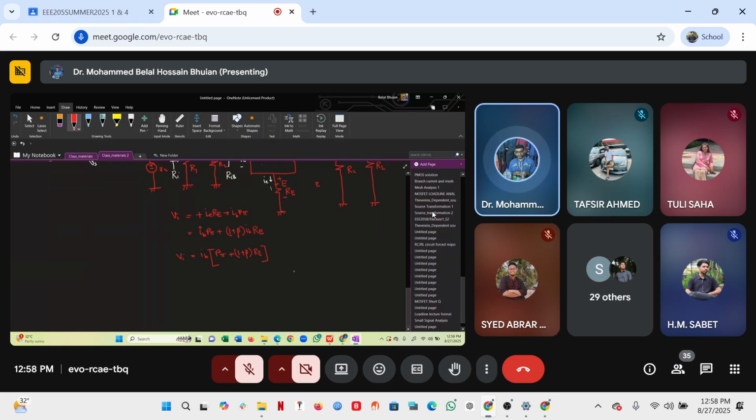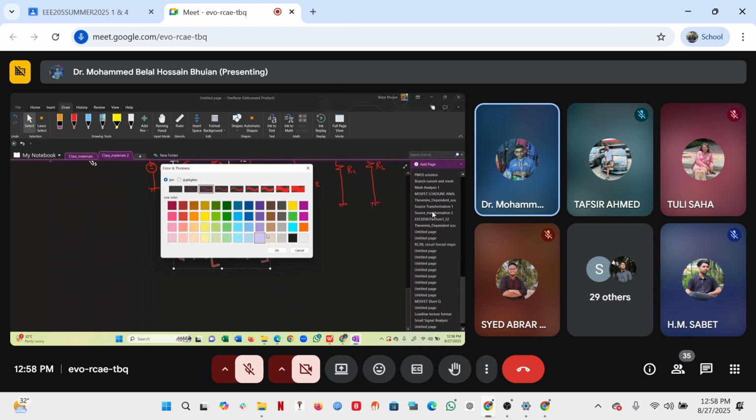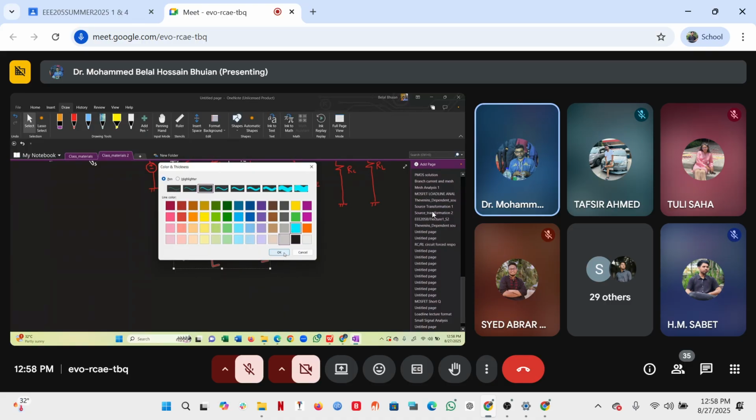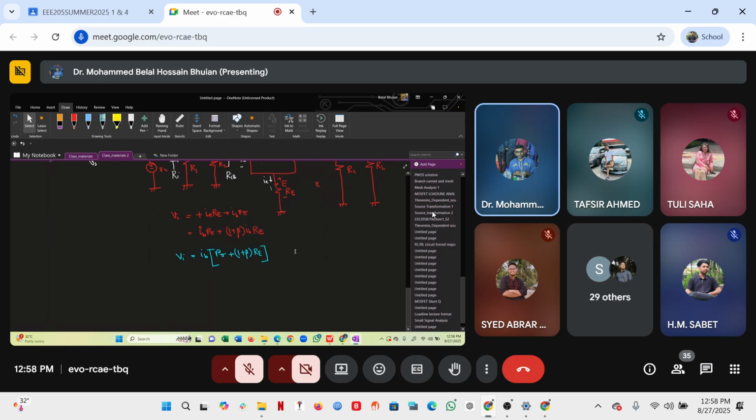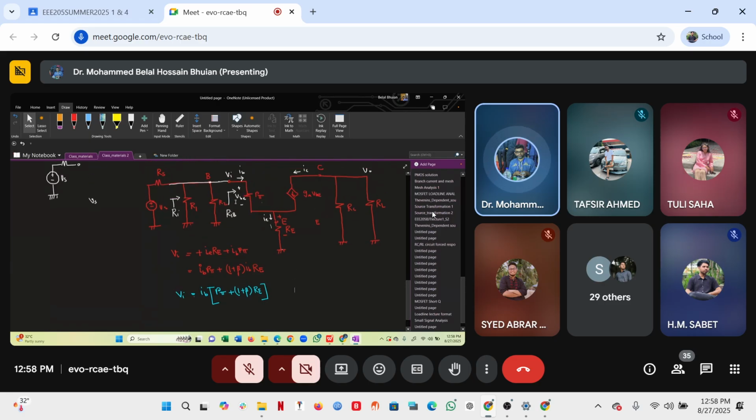So we have determined the expression for VI. Now we are going to determine RIB.